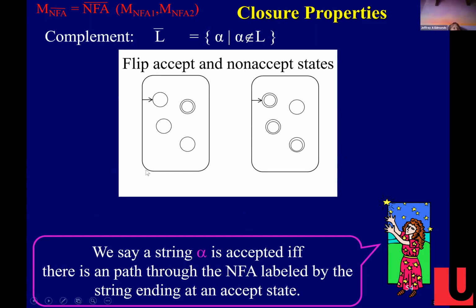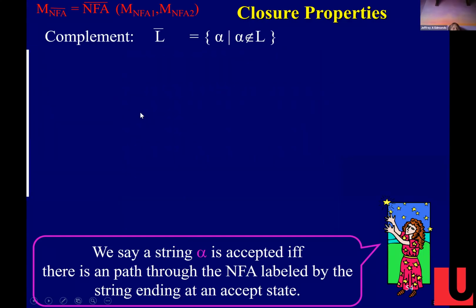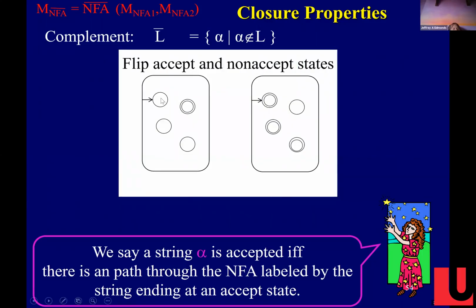Suppose that this was a DFA, and what we did is we just changed all the accept states to non-accept states and vice versa. We just flipped which are accept and which are non-accept. So I claim that if this is a DFA that accepts L, then this is a DFA that accepts the complement of L. Why? Because a DFA only has one path.